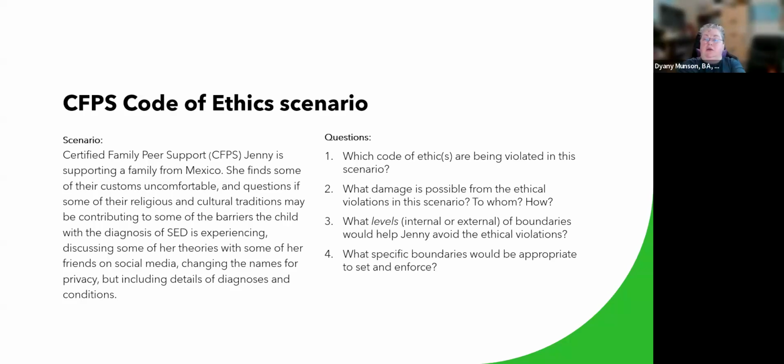So those are the scenarios I wanted to open with, because usually when it comes to boundaries, we've all experienced some things, especially if we've been doing this for a while. So what I'm going to give you a few minutes to do is to bring up questions in the Q&A about what about this sort of situation, what about that sort of situation.